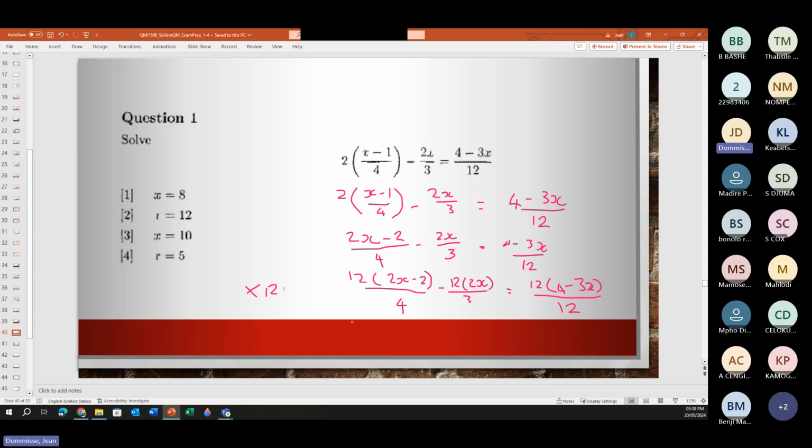What we then have here, we can simplify. 4 goes into 4 once. 4 goes into 12 3 times. 3 goes into 3 once. 3 goes into 12 4 times. And 12 goes into 12.